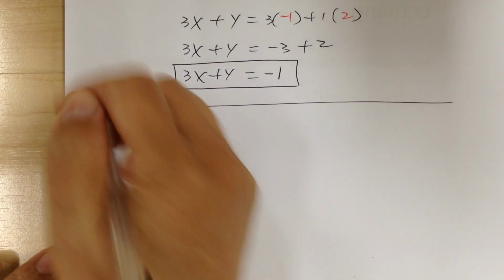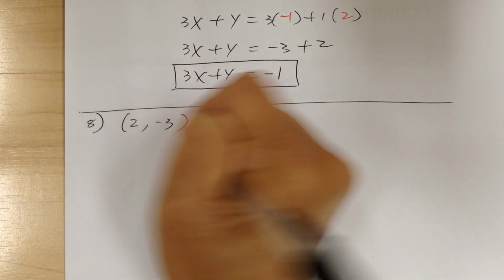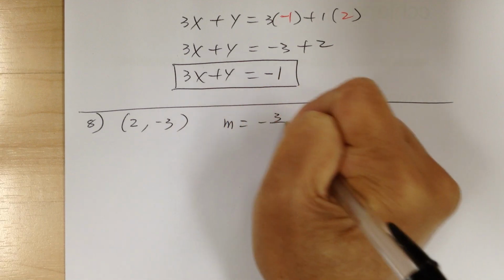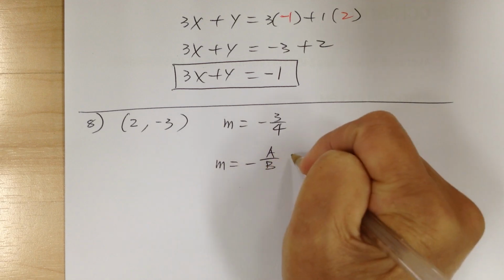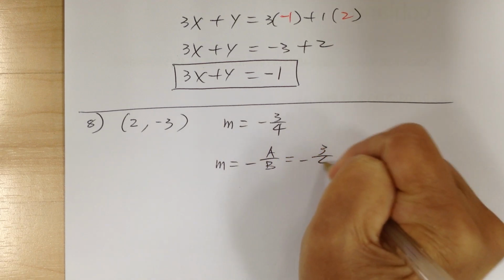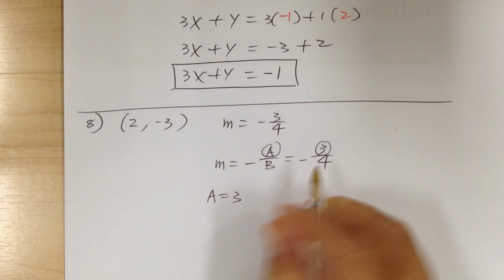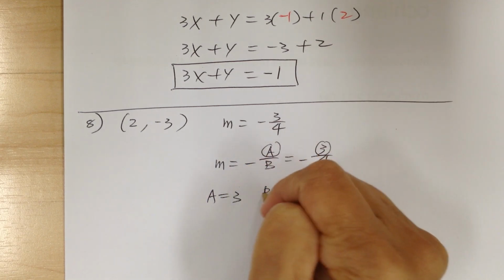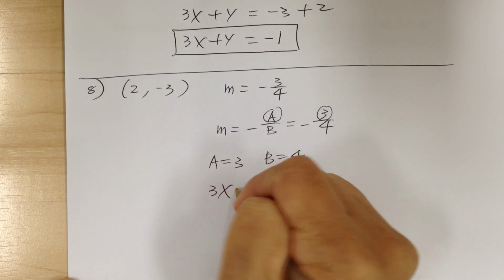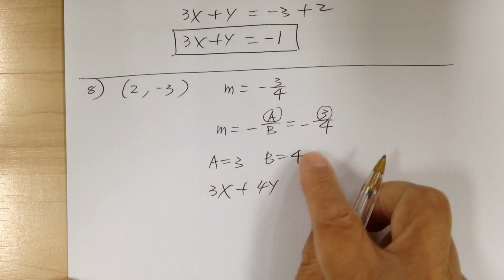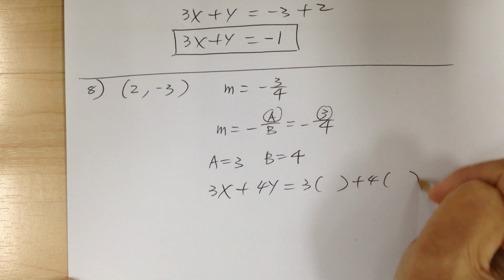Okay, number 8. So you got (2, -3) and m equal to -3/4. Again, m equals -a/b, and this is equal to -3/4. So match it up. a equals 3, negative matches with negative, so b equals 4. So once you get this, you're going to get 3x plus 4y equal to 3 times parentheses plus 4 times parentheses.